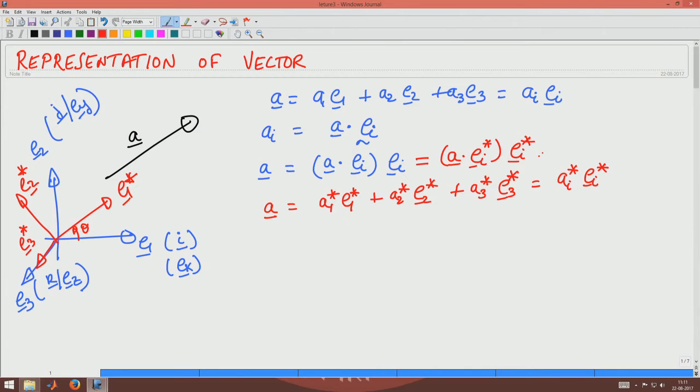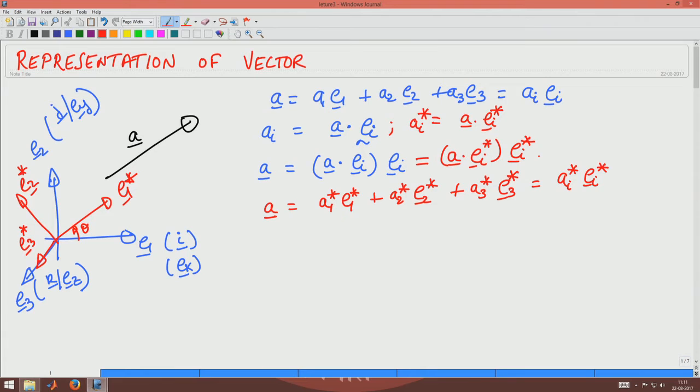Okay. Same thing, where Ai star is A dotted with Ei star. So I have these 2 different representations. There is no sanctity that the numbers A1, A2, A3 alone represent this vector, that is what we are trying to understand here.